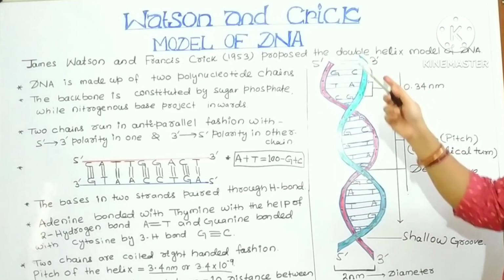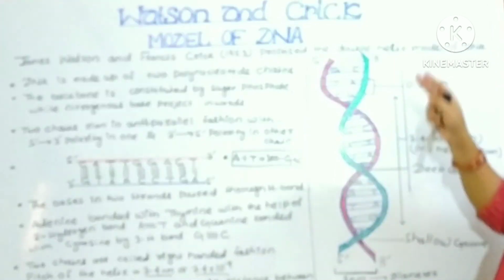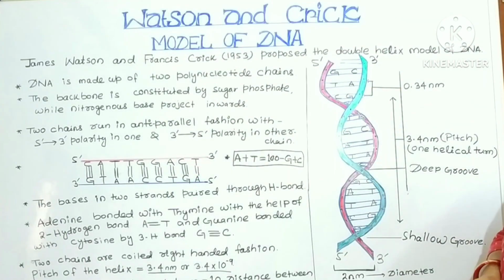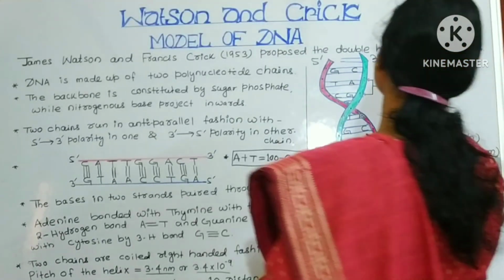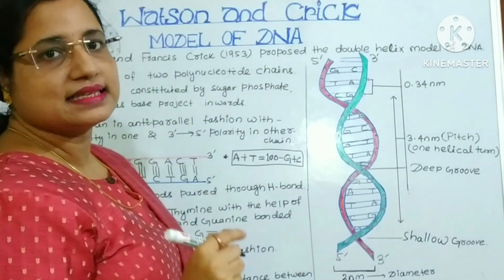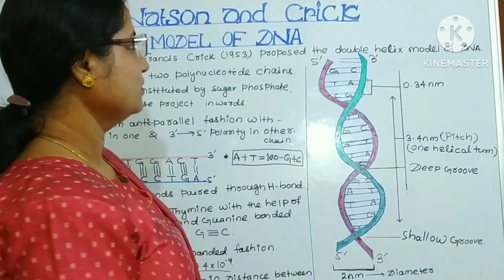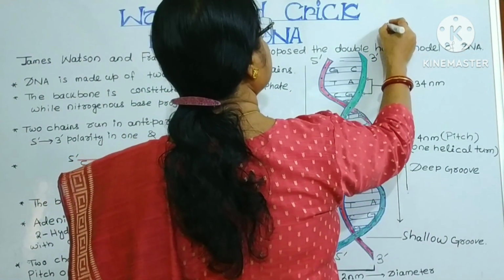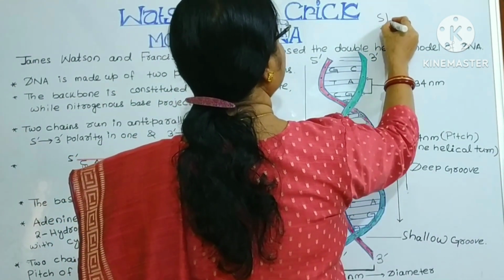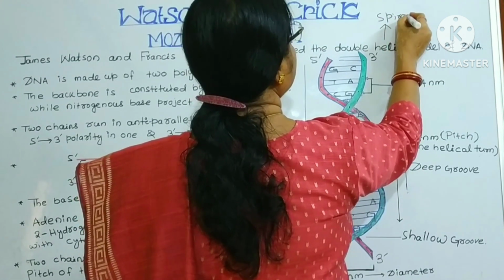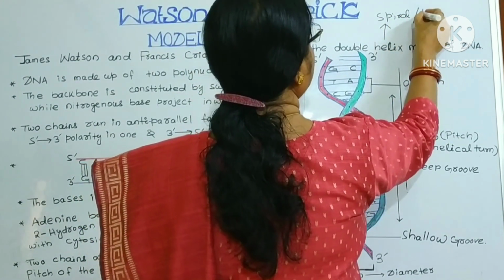Double helix. Double means two. Helix means spiral. Helix is a Greek word which means spiral or twisting.